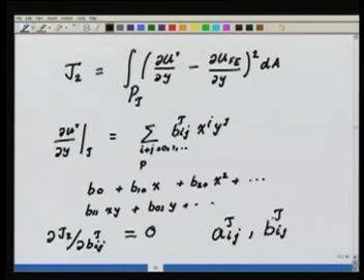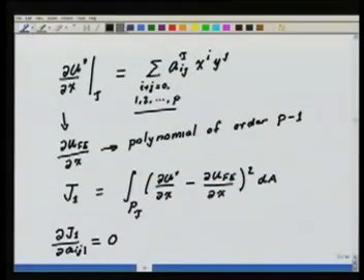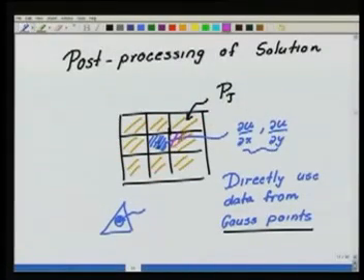Using this set of coefficients, now I'll go back and construct my ∂u*/∂x in the element. So I'm doing this projection over the whole patch, but I use the data only in this element. Now if I have to do it for the next element, let's say I'm interested in this element, then the patch for this element will contain all these elements.